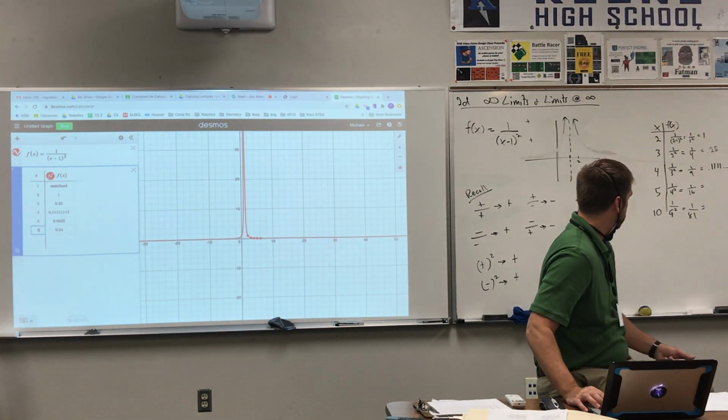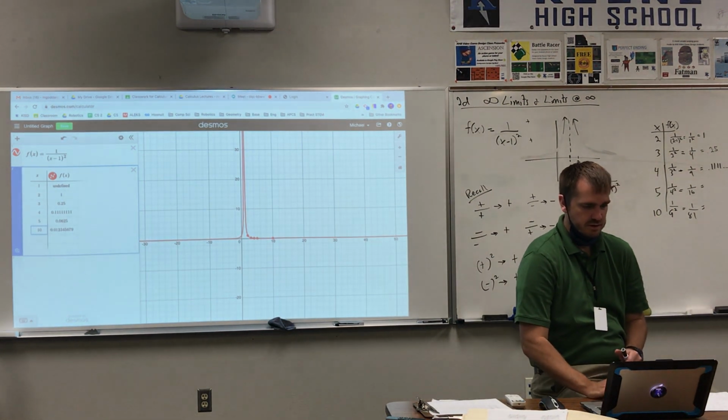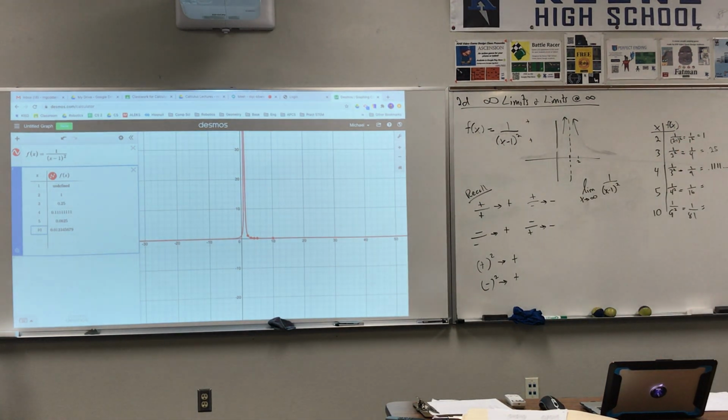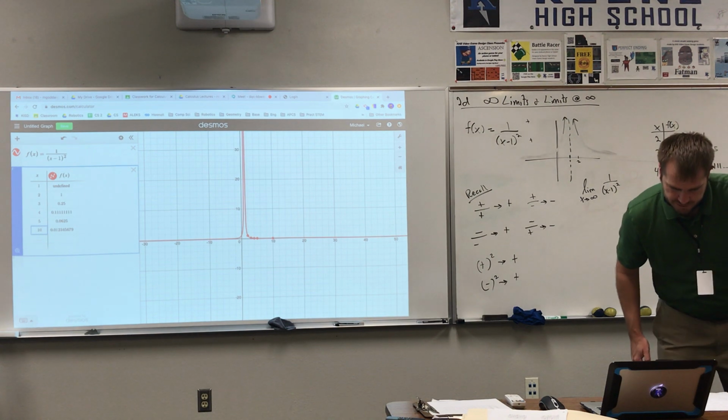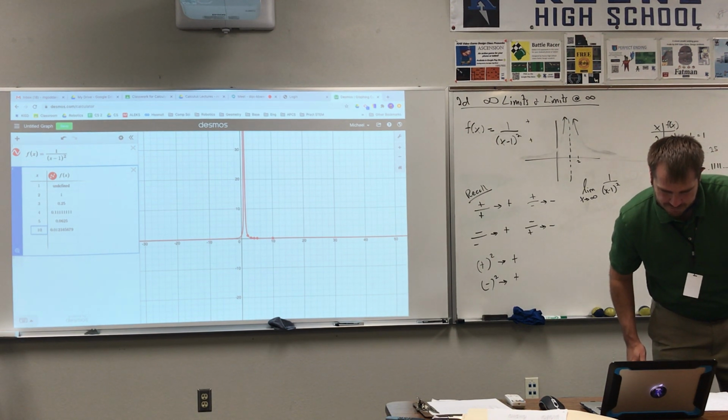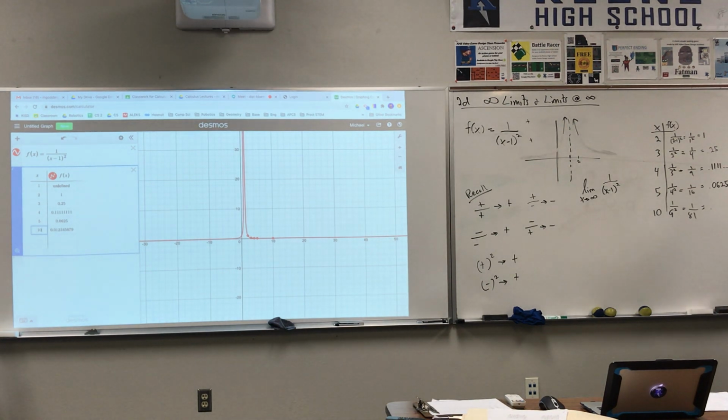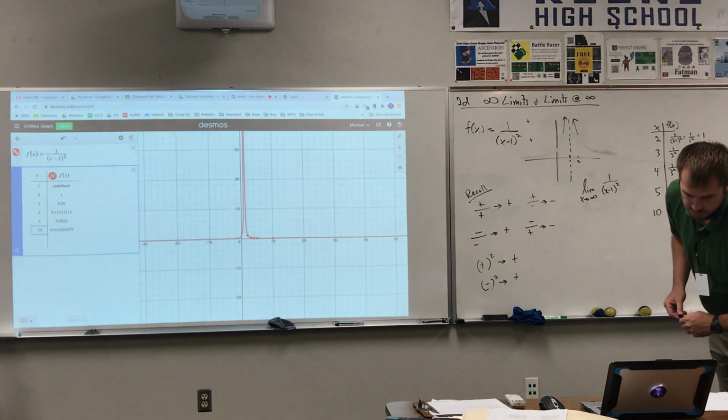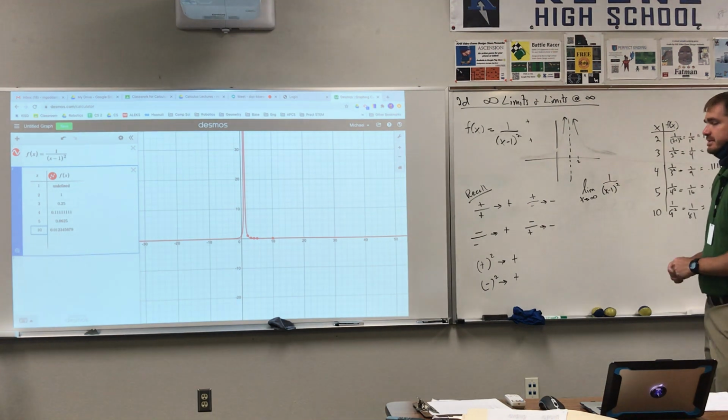For 5, I have 0.0625. And for x equals 10, it's 0.012345679.